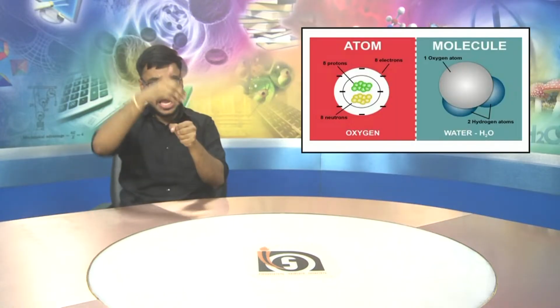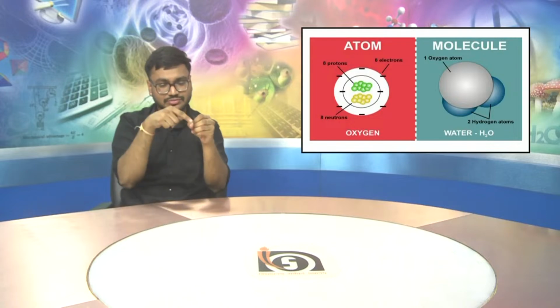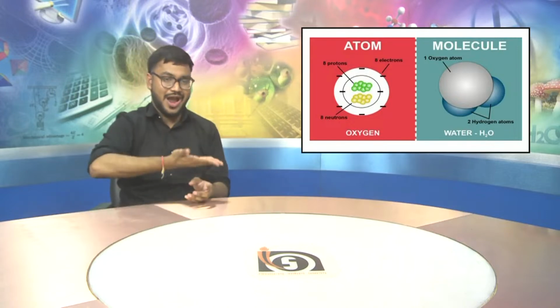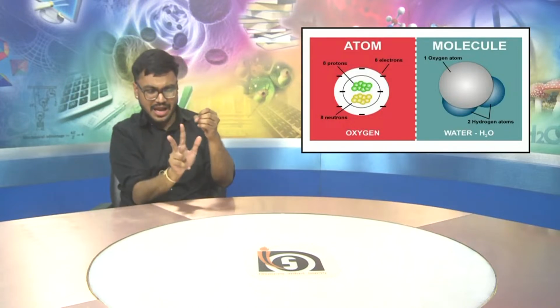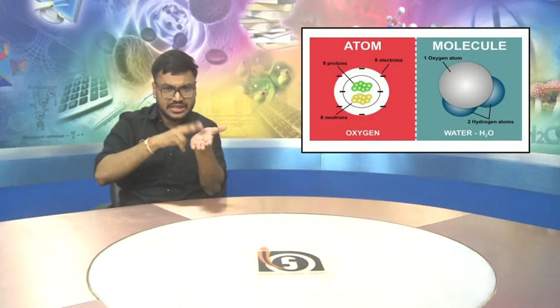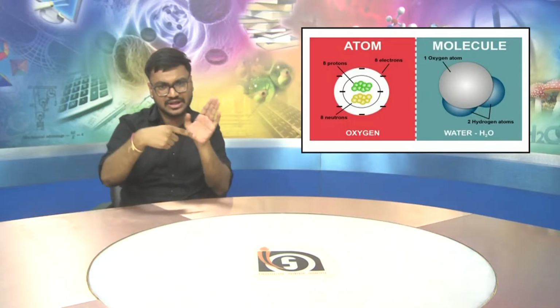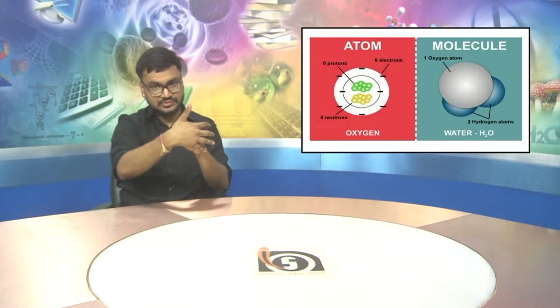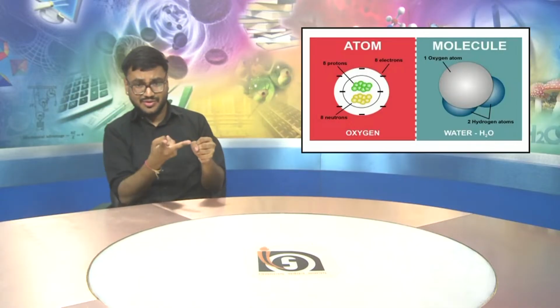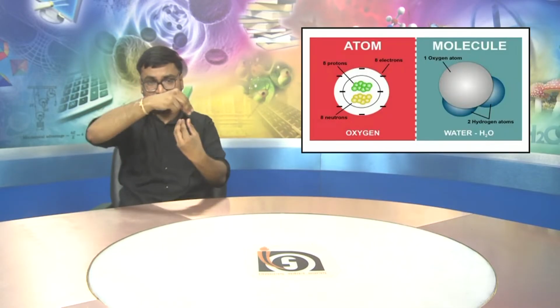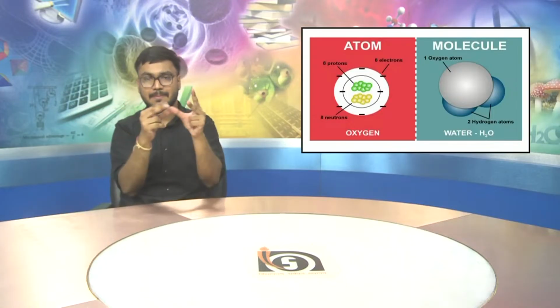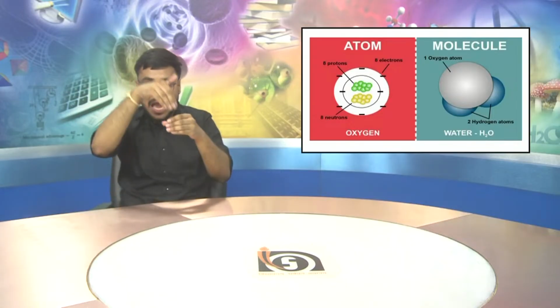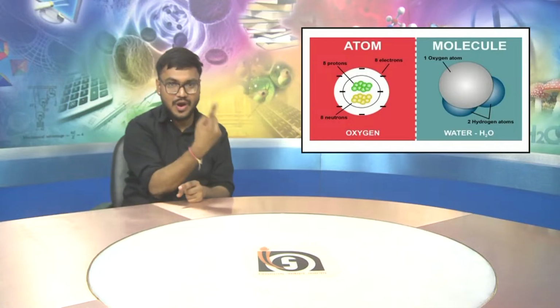There is a photo showing atoms and molecules. An example of an atom is oxygen with 8 electrons, protons and neutrons. On the other hand, a molecule is H2O, with 2 hydrogen and 1 oxygen atom.